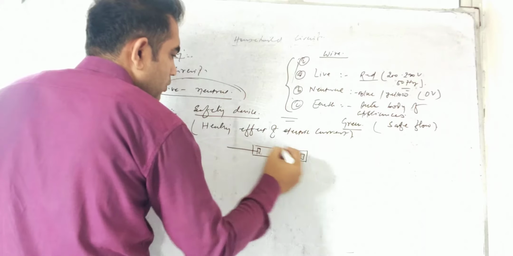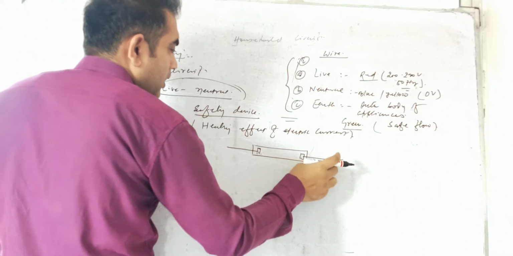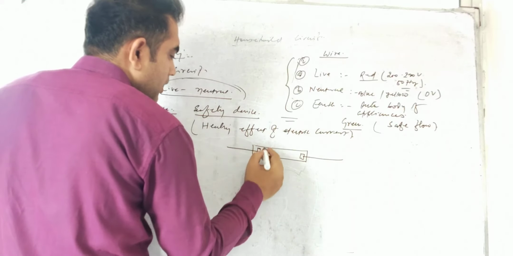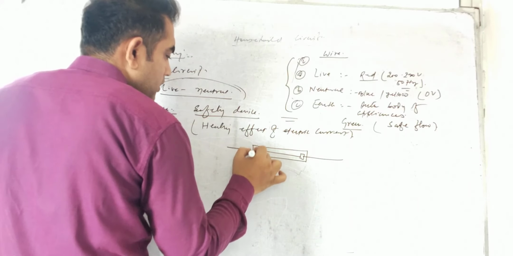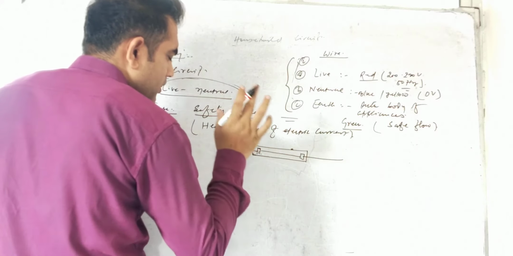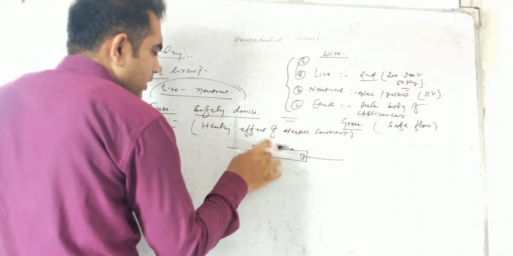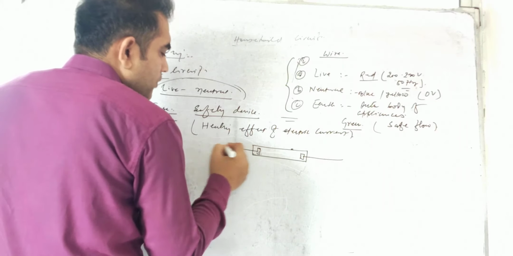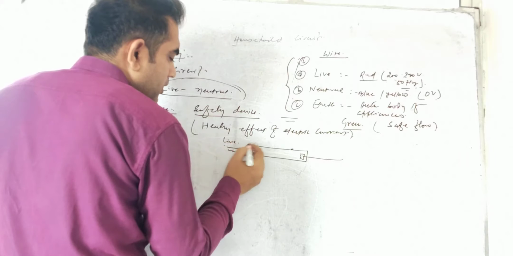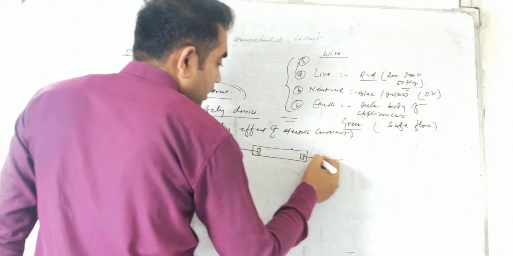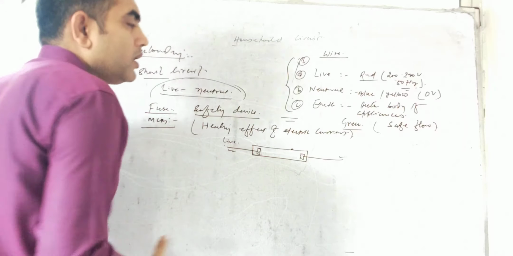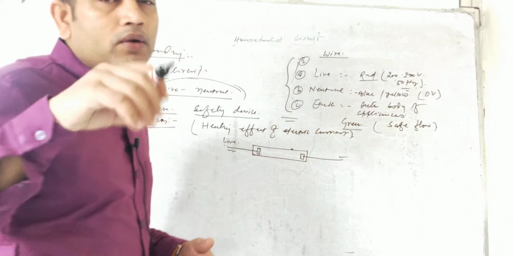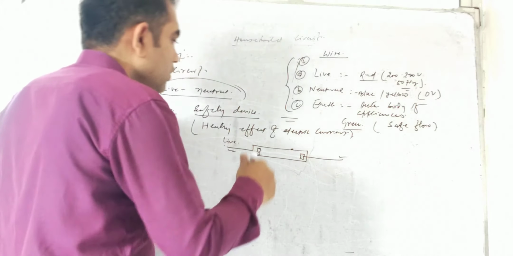The live wire is connected to one end, and from the other end the wire starts again. Between the gap between the two pins, the fuse wire is connected. We can understand it through a rough diagram. We have this kind of device with two pins, pin and socket, and the live wire remains connected to one end of the fuse, and from the other end the circuit starts again. Between the two ends there is no wire, so a particular kind of wire is used, and that is called fuse wire.